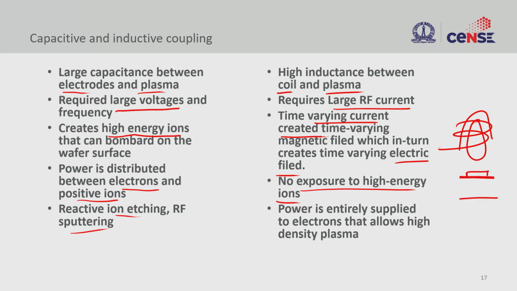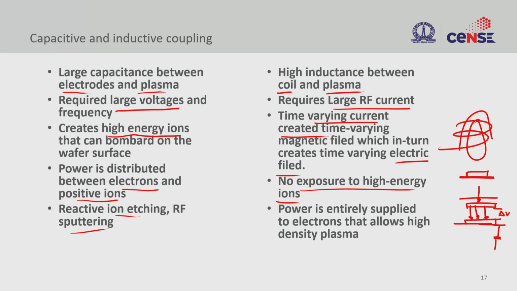But in a parallel plate reactor, when you apply the RF source here and you have your wafer here, when you increase the voltage drop across this, you will have energetic ions coming and hitting your wafer as well. So you are not exposing your wafer to high energy ions in this case.